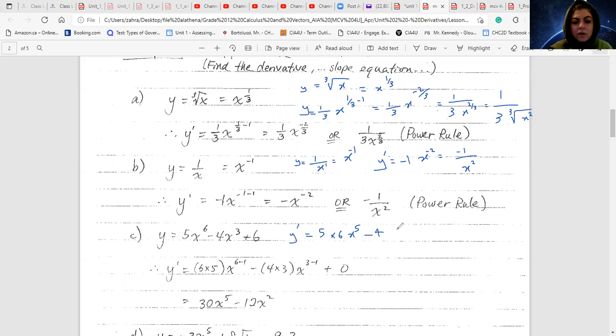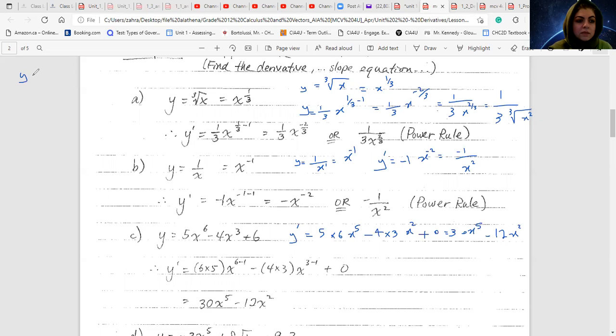So then power in front, power minus 1. 3 minus 1 is 2. And now what is the derivative of a constant? Derivative of a constant is 0. I'm going to elaborate on that, but just simplify that. So 30x power 5, sorry, minus 12x power 2. This is the answer.